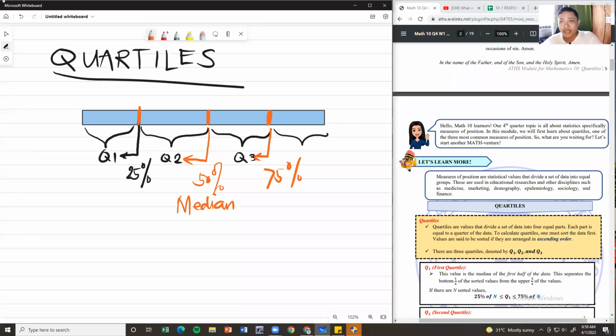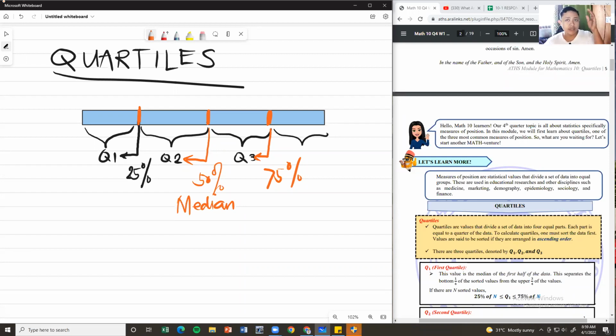Okay? So, if we will look at it, sabi ng classmates natin kanina, dividing it into 3 points, sabi ng isa nating classmate. And that's correct. Because, of course, to divide the set of data into 4 equal parts, there should be 3 partitions.